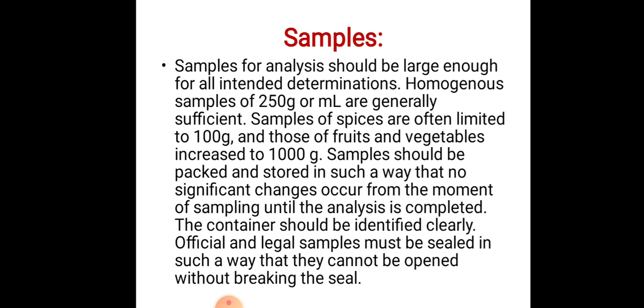Homogeneous samples of 250 grams or milliliters are generally sufficient. Samples of spices are often limited to 100 grams and those of fruits and vegetables increased to 1000 grams. Samples should be packed and stored in such a way that no significant changes occur from the moment of sampling until the analysis is completed.